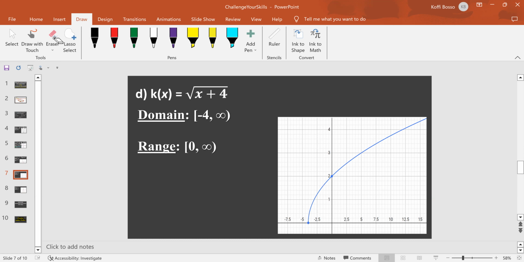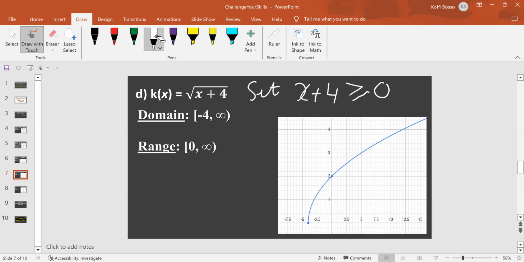As a square root function, to find the domain, you're going to set what you have inside, which is x plus 4, greater than or equal to 0. The thing is, as a square root function, we cannot find the square root of a negative value.